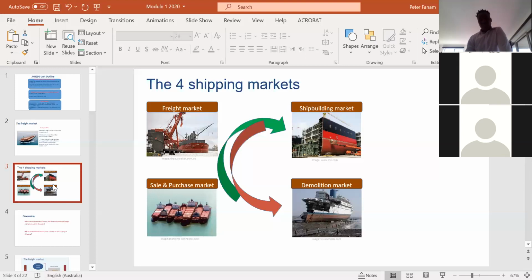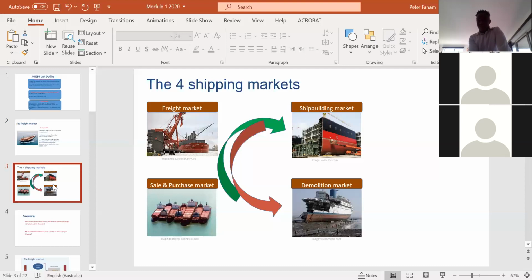Now, if the freight rate is going down, it will come to a point in time that the ship owner cannot meet their revenue. They can't even break even. When it reaches that point, the only option for the ship owners is either to lay those vessels up or to try to sell some of the vessels in the second-hand market. But when the freight rate is down, second-hand market prices are also not good.